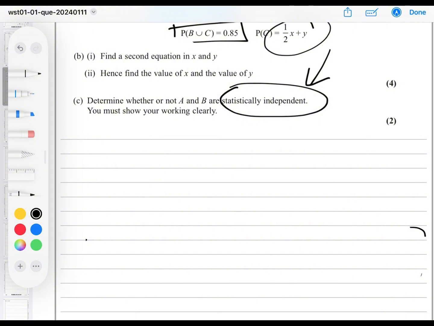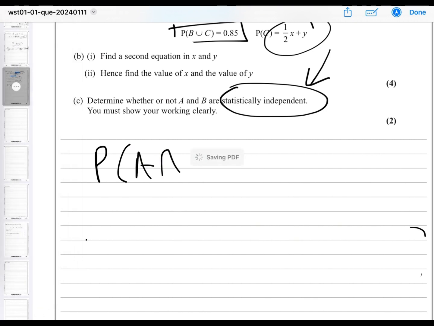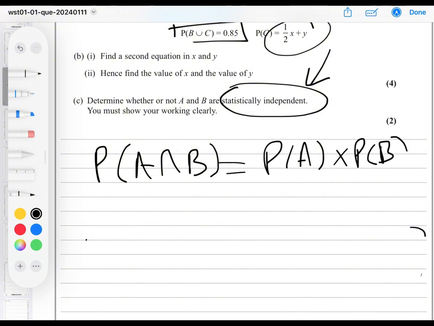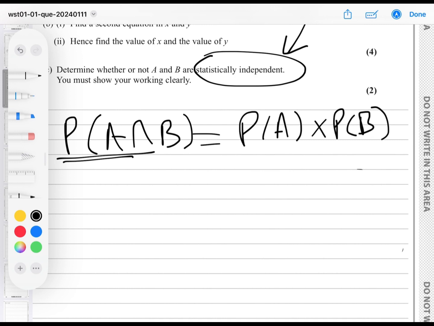So if they ask for statistically independent, mutually exclusive was discussed before. In mutually exclusive, the intersection will give you 0. Now for independence, they are talking about A and B. If the probabilities are equal, then they are independent.